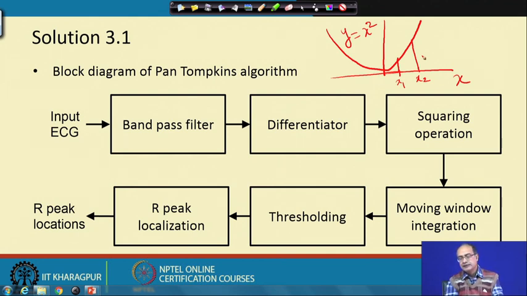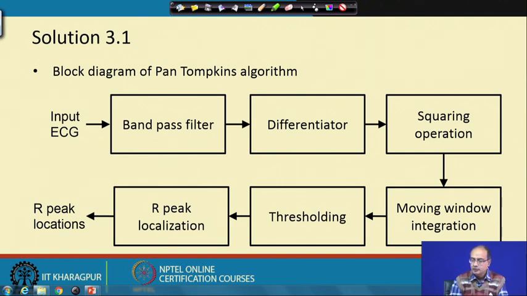That is the beauty of the squaring operation. We actually want wide separation of the high peaks from the small peaks. That job is also helped by the squaring operation.